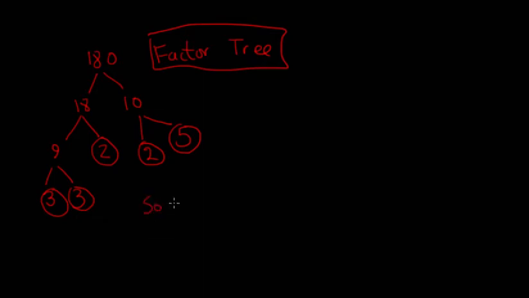So we can think of 180 as being 2 times 2 times 3 times 3 times 5. And we can write this with indices, so that's 2 squared times 3 squared times 5.